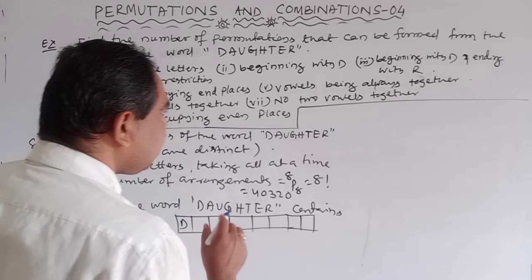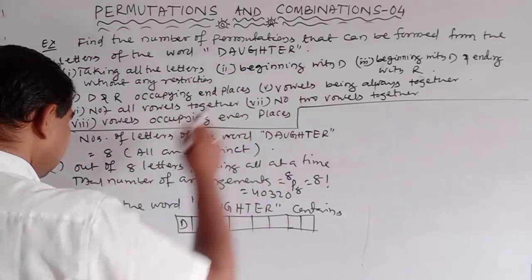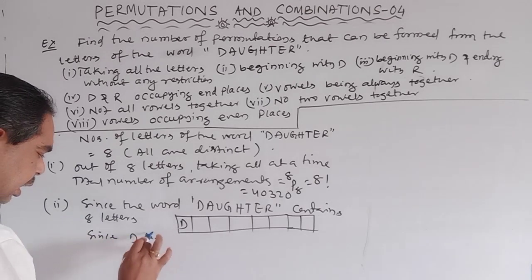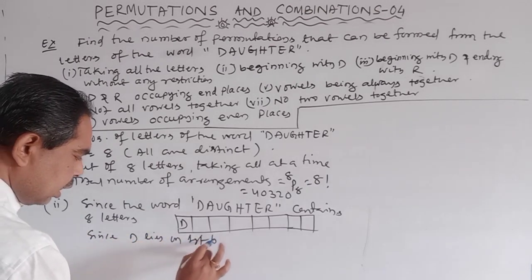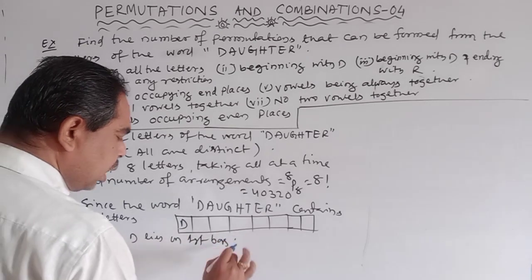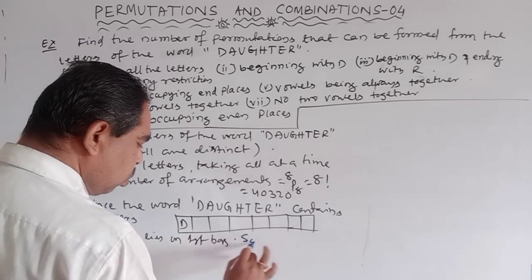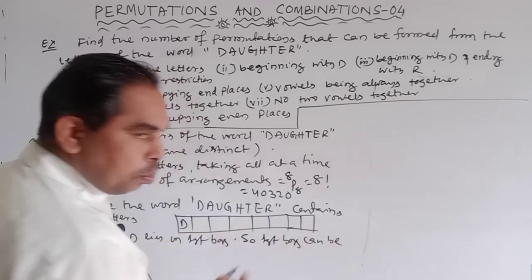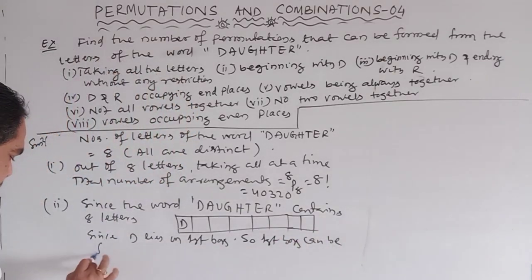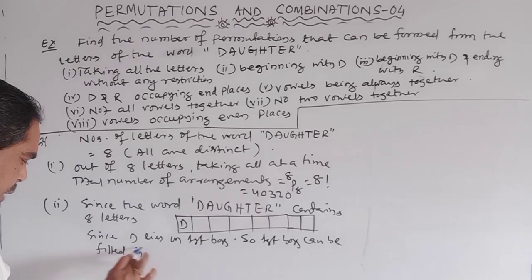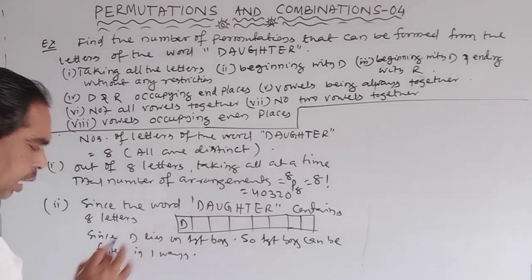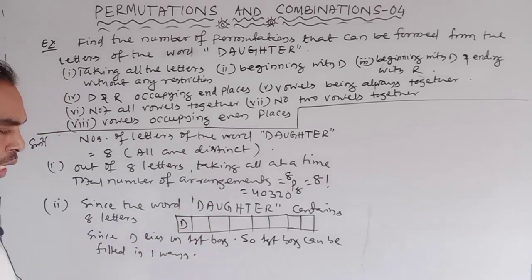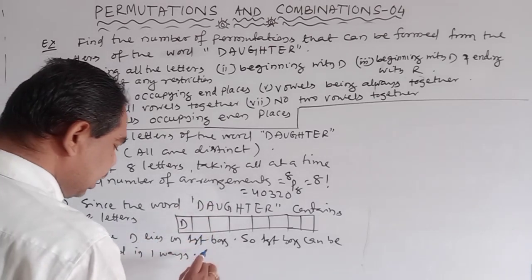Since D lies in the first box, the first box can be filled in one way.